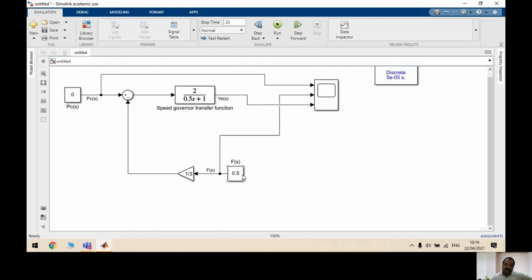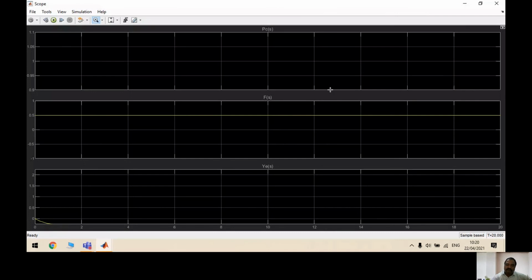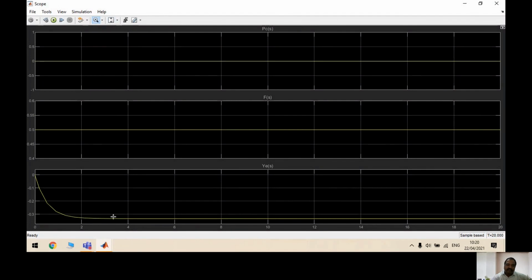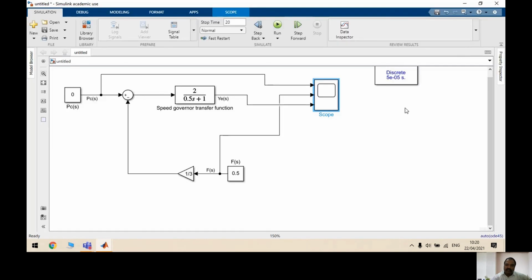As I explained in the last class, if demand has decreased, generation must be decreased. Generation decrease means the steam input valve must be closed, isn't it? That's why you are getting a negative value. The steam valve is being closed right now. So in this way, you will be having this.